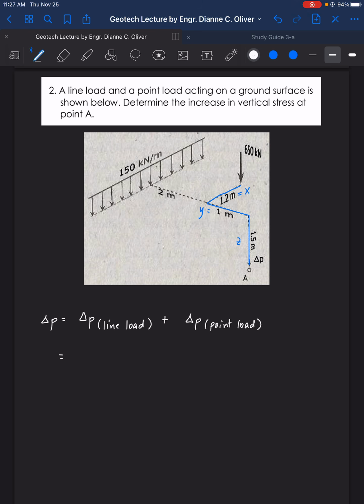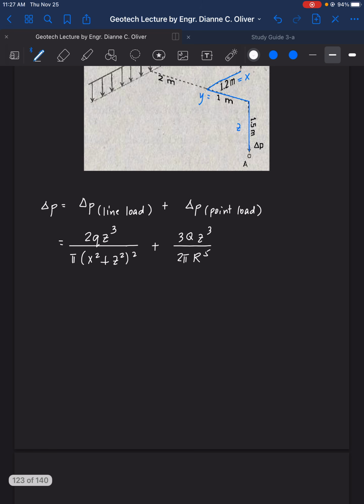So the formula for delta P for the line load is 2 small q depth raised to 3 all over pi times the x distance squared plus z squared, all of them squared, plus the point load: 3 Q z raised to 3 all over 2 pi R raised to 5.